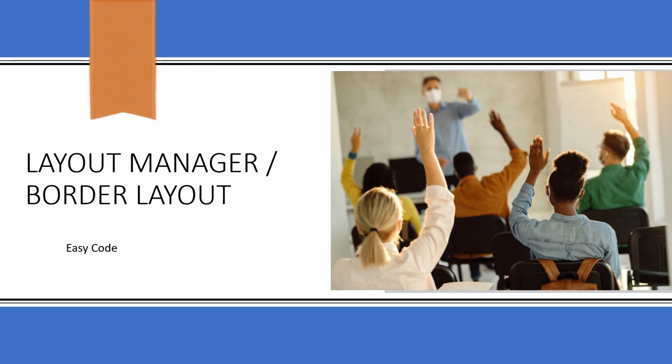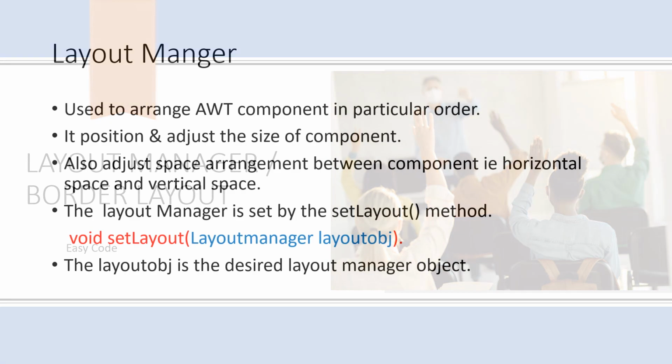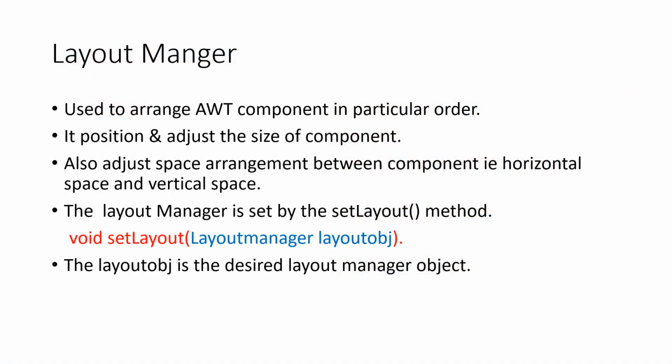Hi, welcome. In this video, we learn about layout manager and its types. Layout manager is used to arrange AWT components in a particular order. It may be label, button, checkbox, text area, any AWT component.